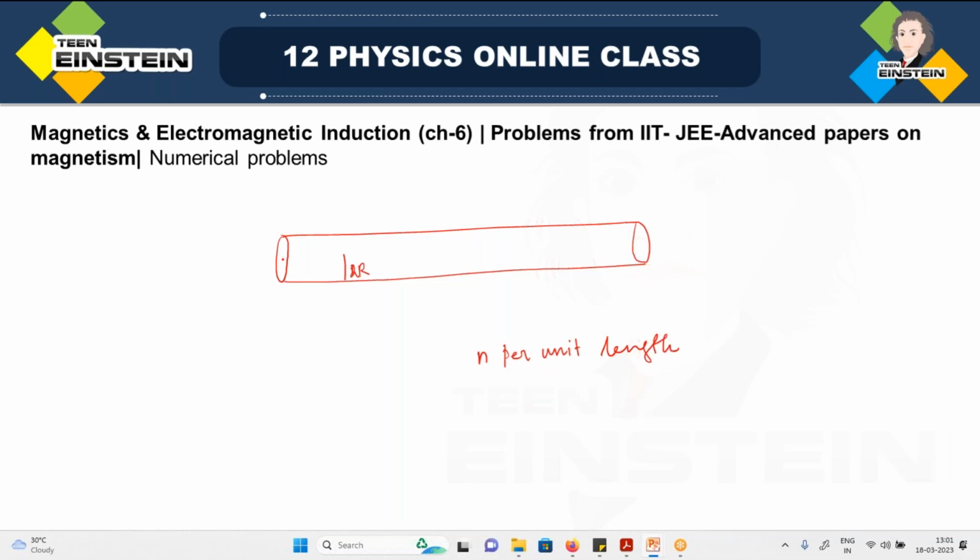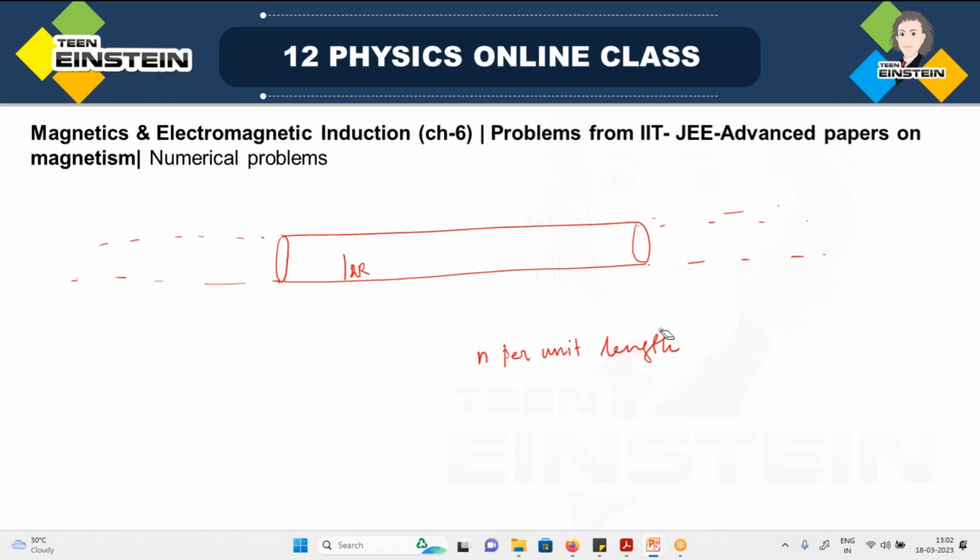All right. Now I'm drawing the cylinder. This is actually going up to infinity. This also goes up to infinity, and each turn is carrying current I. If we want to calculate the total current, anyway it is infinity, it doesn't matter.